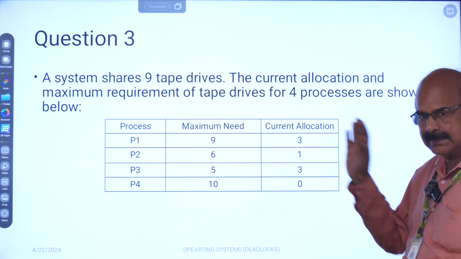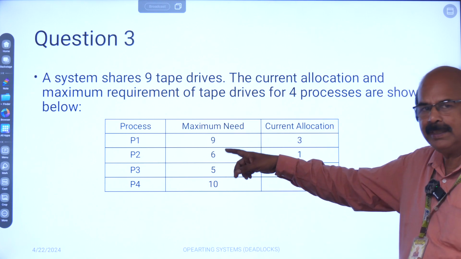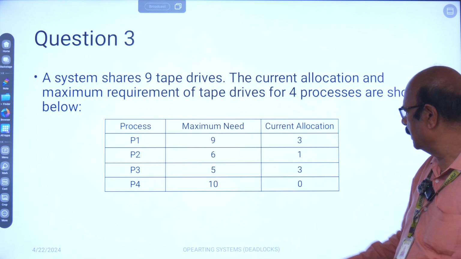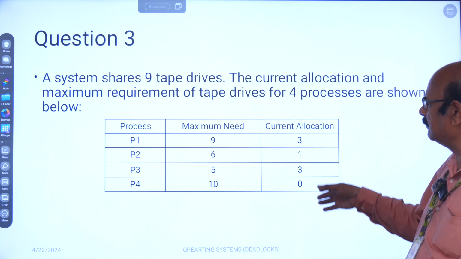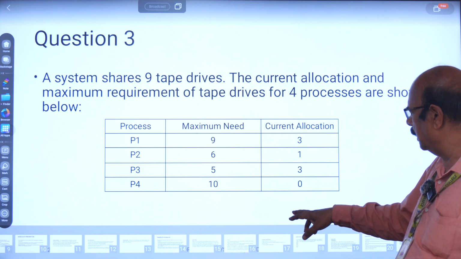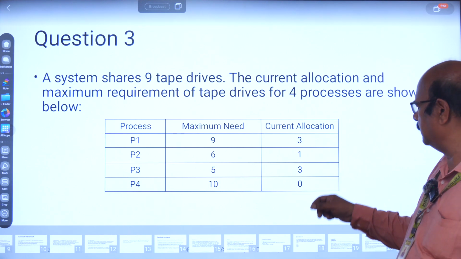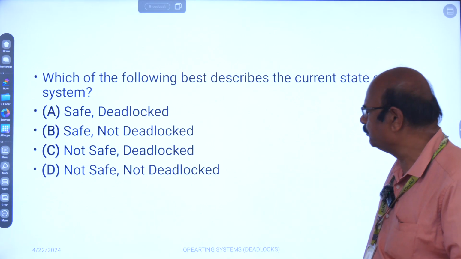The maximum need for P1 is 9, P2 is 6, P3 is 5 and P4 is 10. The current allocation is 3 for P1, 3 for P2, 3 for P3 and 0 for P4.